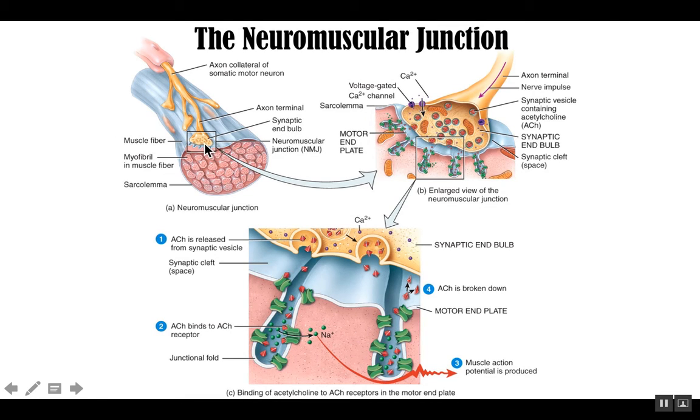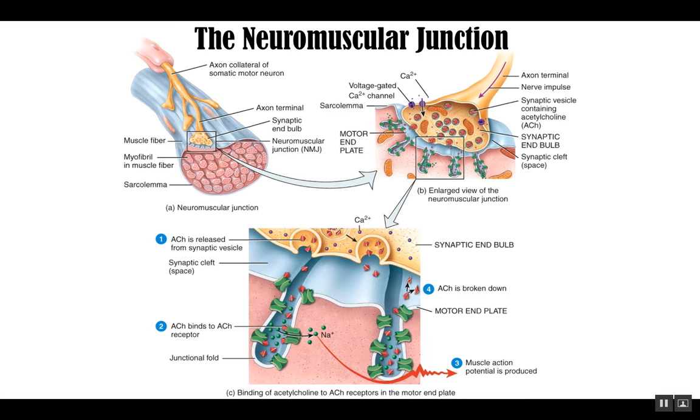At the other end of the connection is the muscle cell. So here we have that long cylindrical skeletal muscle cell. Inside that skeletal muscle cell we see the myofibrils. Those myofibrils are made up of sarcomeres, and we hopefully already are getting to understand how a sarcomere works.